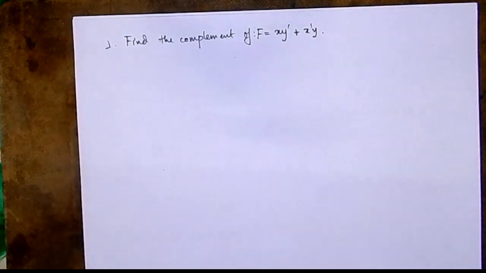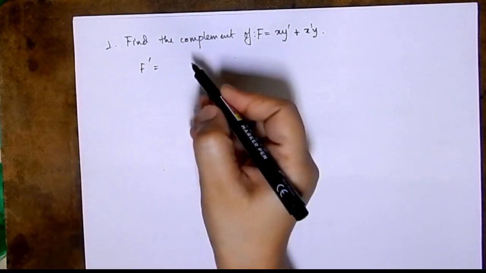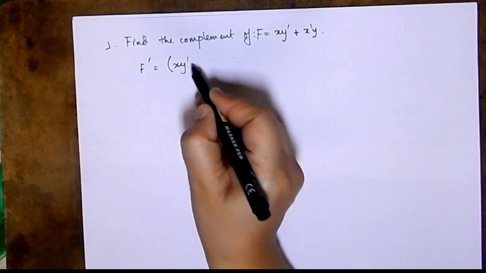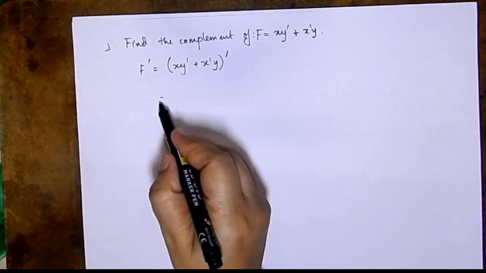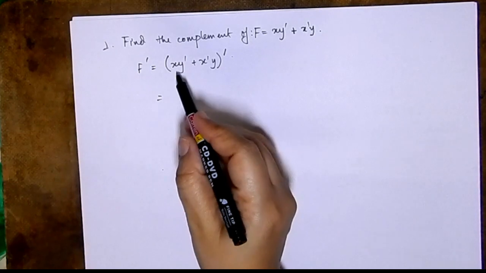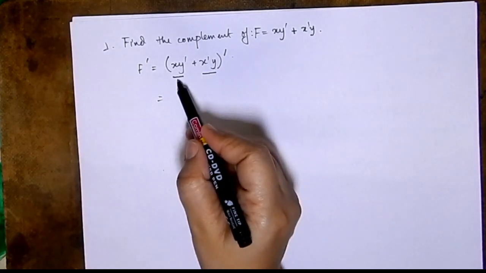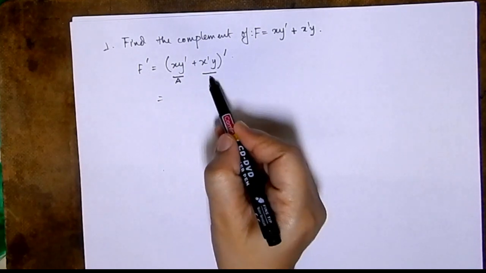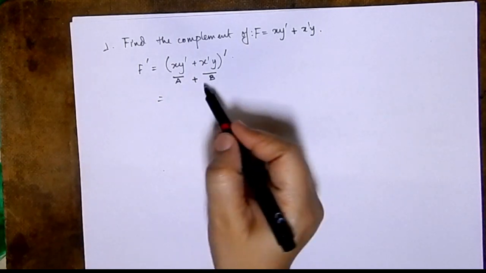They will give you the question in this way. So f dashed will be (x y dashed plus x dashed y) whole dashed. Now if we apply De Morgan's law, you can see this as one term and this as another term. So this you can see as a, and this you can see as b, so (a plus b) whole dashed.